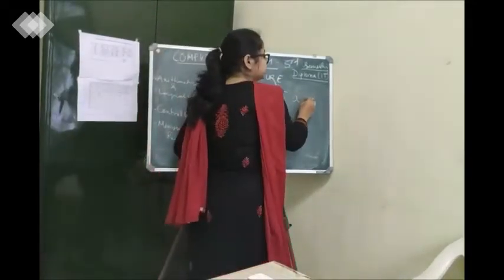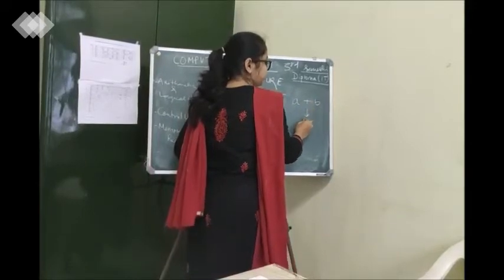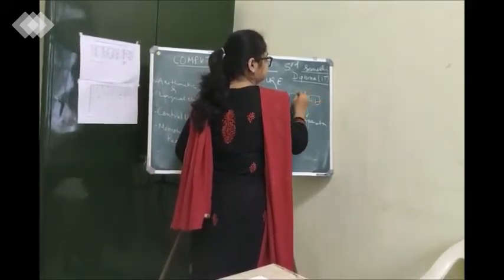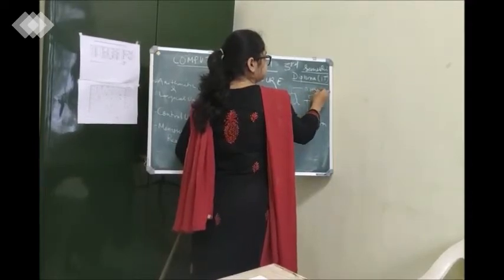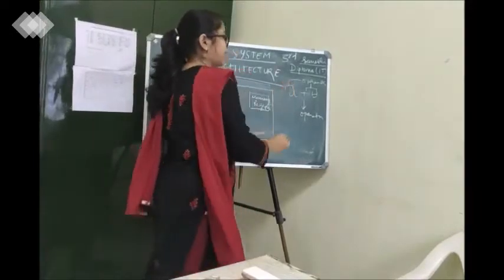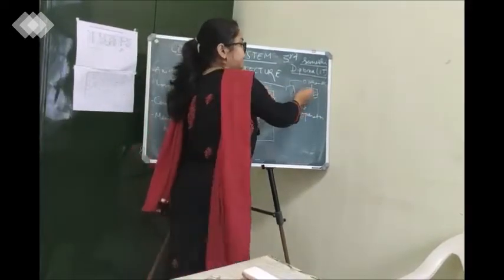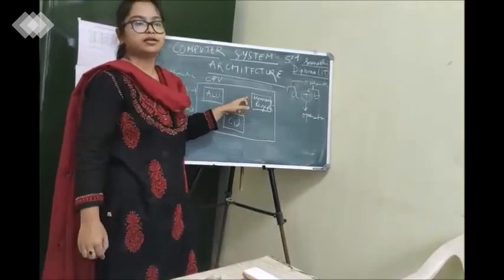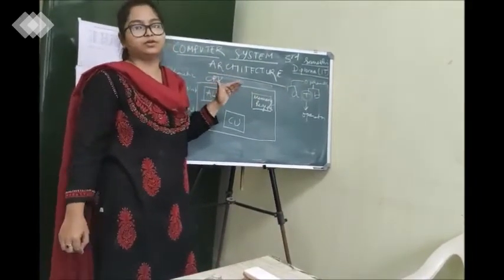This is called the operator, and these are called the operands. So A and B are operands and plus is our binary operator. Operands are generally stored in memory registers within the CPU.